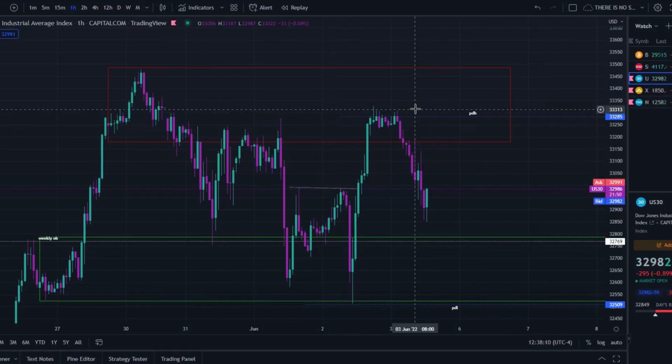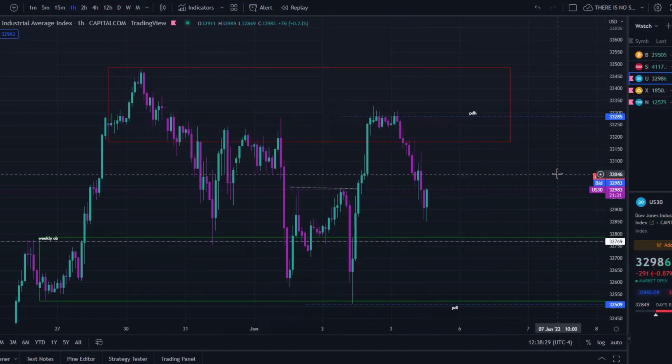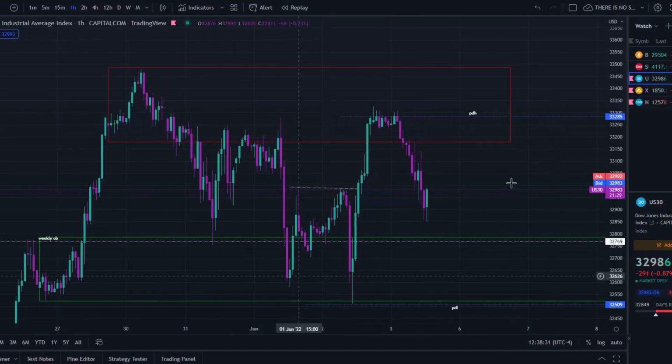But in my private group, public group, I did tell people, hey, we took out the previous day's high. What could we expect? If you cannot dissect the charts in a way that you understand it, you're going to always feel confused and lost. I simply get in the charts, go from the higher time frame down to the smaller time frames. My information is not changing.